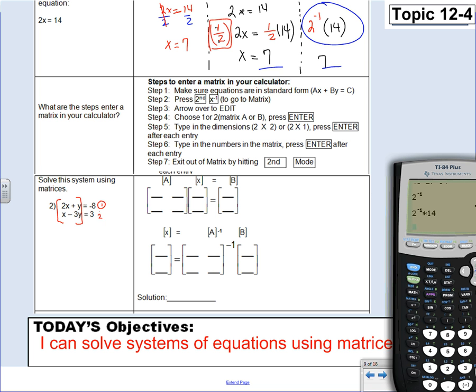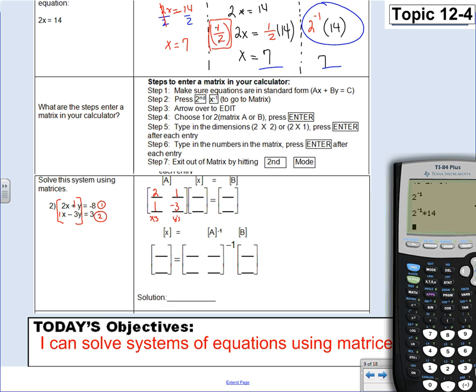The second row should represent the second equation. So the number in front of x is 2. That goes in my first blank. The number in front of y is 1. In the second equation, the number in front of x is an understood 1. Again, if there's not something shown, we know it's a 1. And the number in front of y is a negative 3. So we know that the first column represents the coefficients of my x's, and the second column represents the coefficients of the y's.